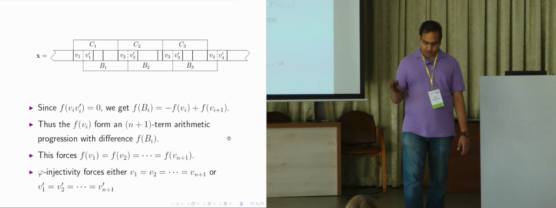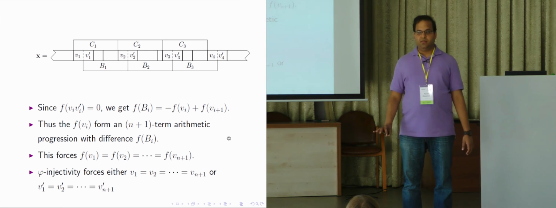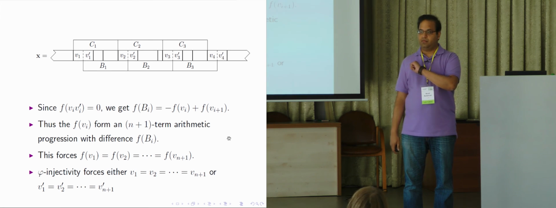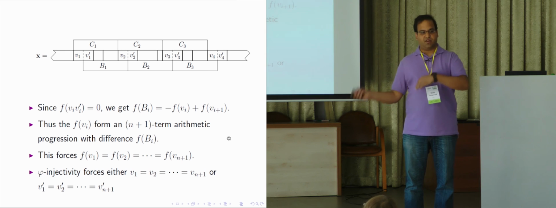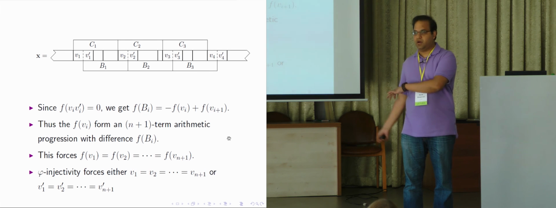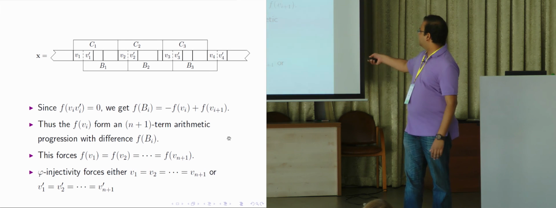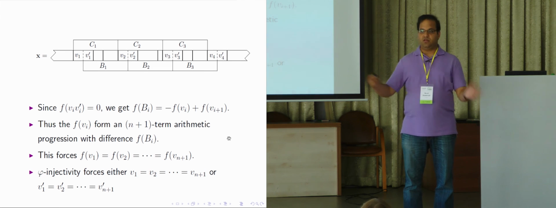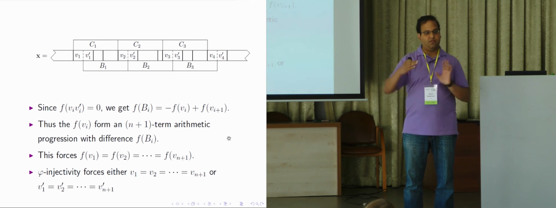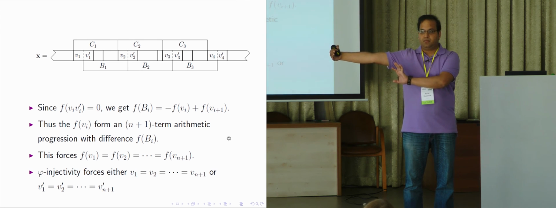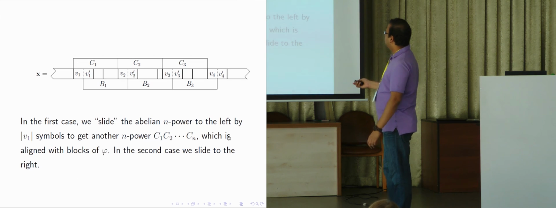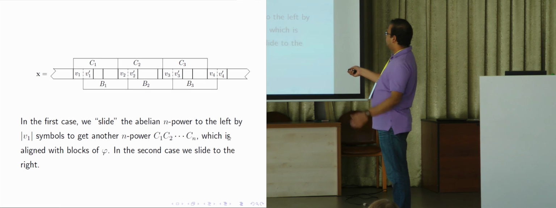And now, by that phi injectivity, that means either V1, V2, V3, V4 are all the same, or the suffixes V1 prime, V2 prime, V3 prime, all those suffixes here, here, here, here are the same, right? And so whichever case happens, I either now shift my repetition to the left or I shift my repetition to the right, right? Okay, so let's suppose that the first case happens.